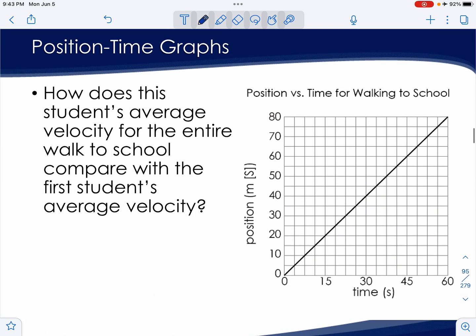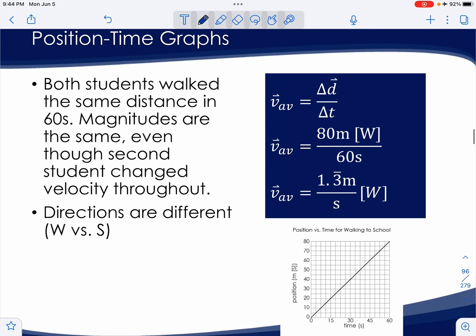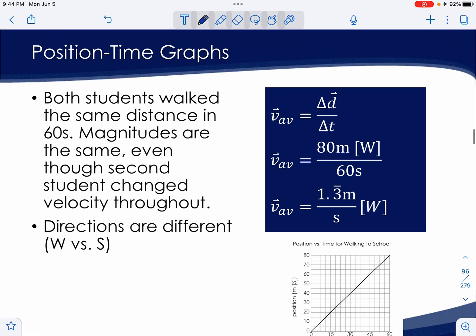How does the student's average velocity for the entire walk to school compare with the first student's average velocity? Pause your video and then try to solve this. Okay, so both students walked the same distance in 60 seconds. The magnitudes are the same, even though the second student changed velocity throughout. The directions are different.